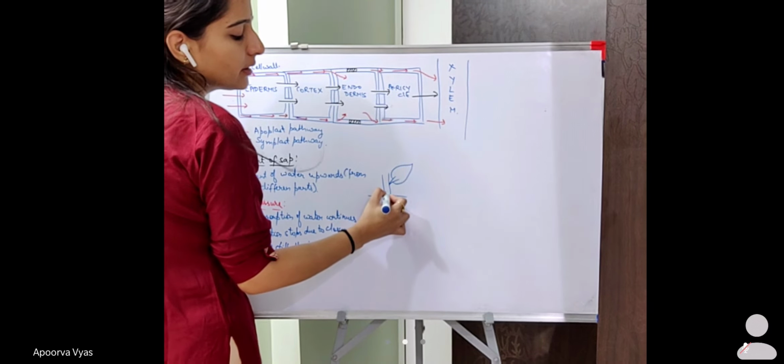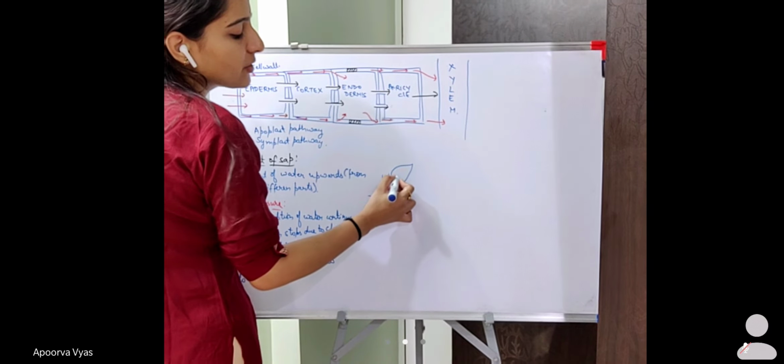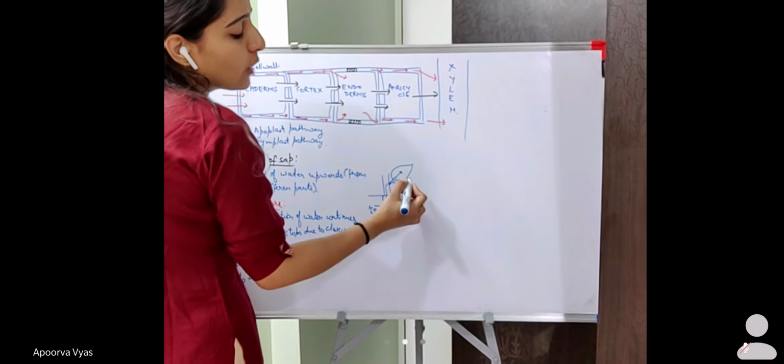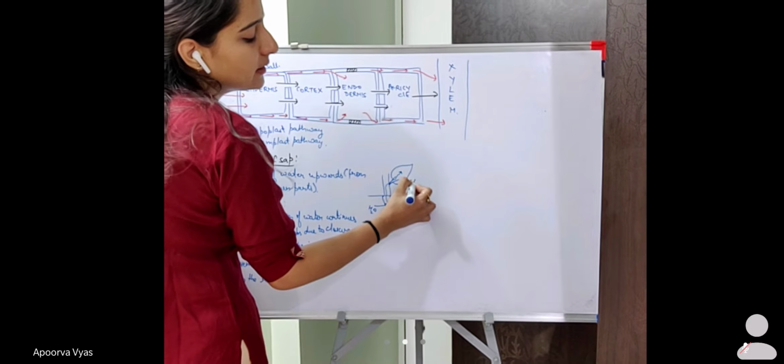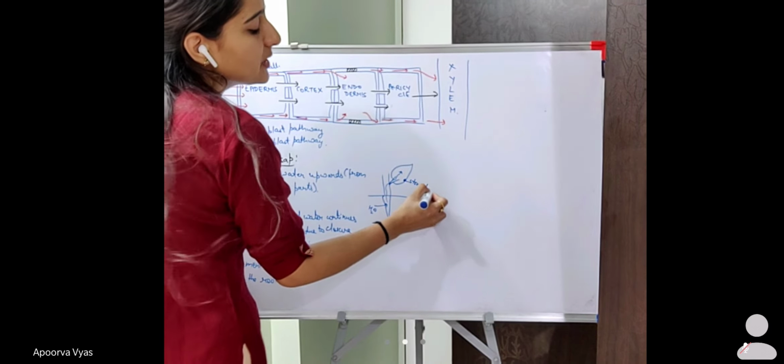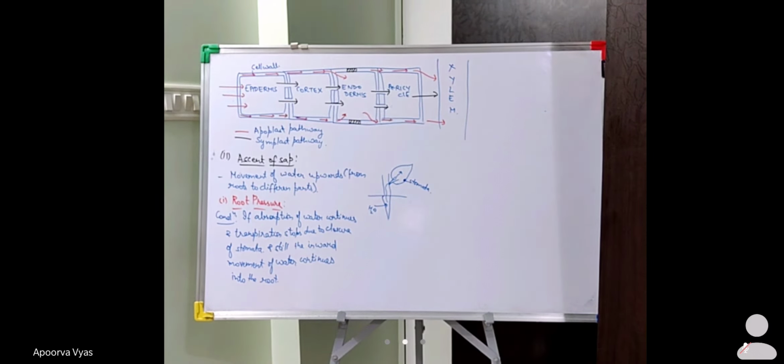It will enter here, rise here, and then it will reach up to the leaf and to the different parts. Now अब leaf पे यहाँ पे आपको पता है the margins of the leaf what are present here? These are the स्टोमेटा. ठीक है, तो व्हाट इज द कंडीशन? ये बोल रहा है रूट प्रेशर के थ्रू वाटर ट्रांसपोर्ट कब होगा?